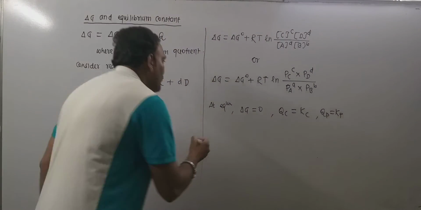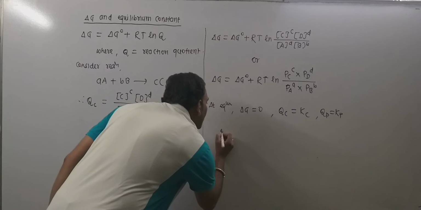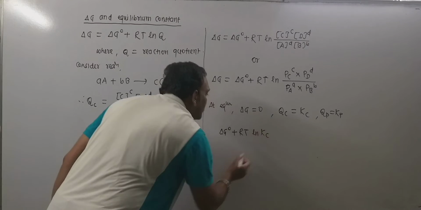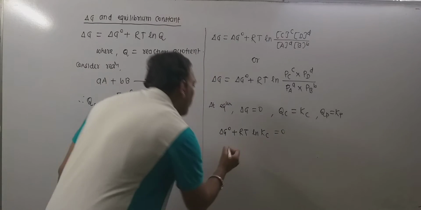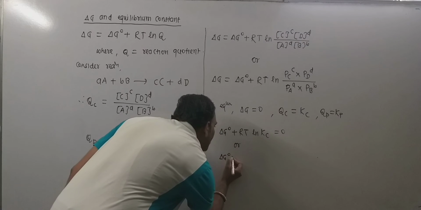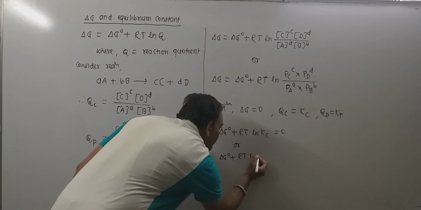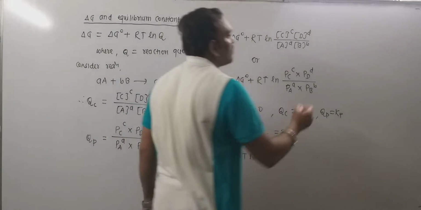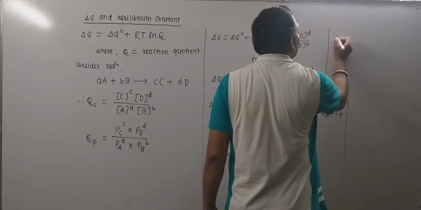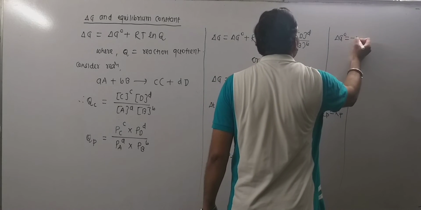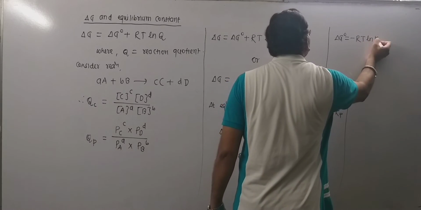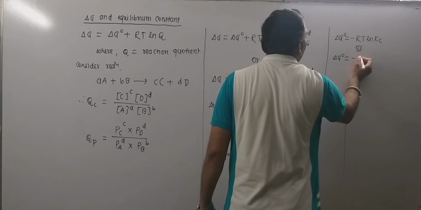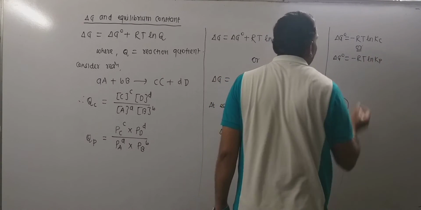Thus the equation becomes, at equilibrium, delta G naught + RT ln Kc = 0, or one can say delta G naught + RT ln Kp is also 0. Thus one can give this as delta G naught = minus RT ln Kc, or delta G naught = minus RT ln Kp.